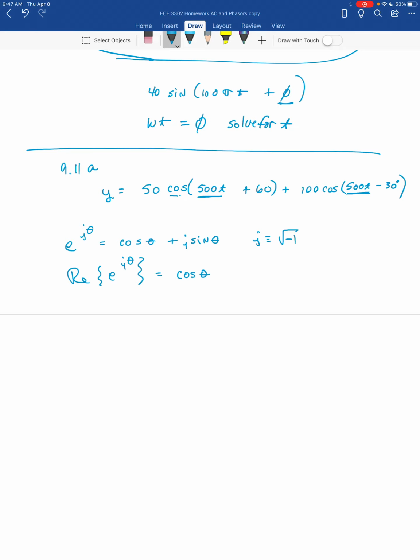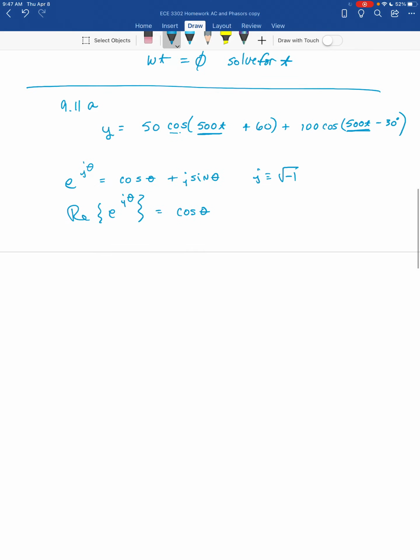So for these cosine functions, we can convert to the phasor domain by removing the time dependency, working only with the amplitude and phase, and then putting the time dependency back in at the end. What's required for this is, first of all, everything has to have the same omega t, and we have to have a cosine function. Once we have that, we can write y as a phasor, which is the magnitude 50 times angle of the phase, plus 100 and the angle of that phase.